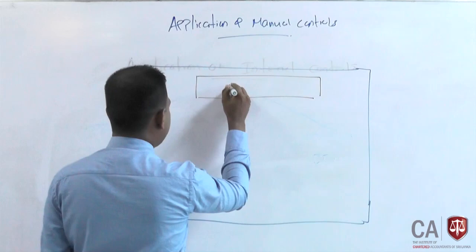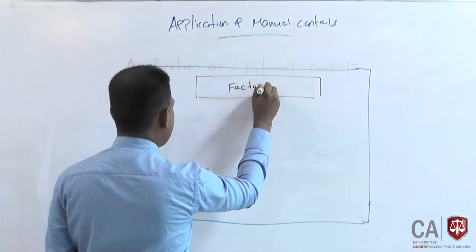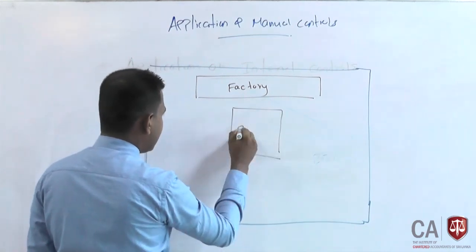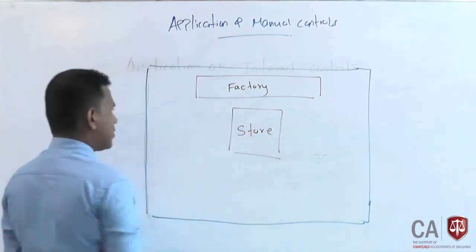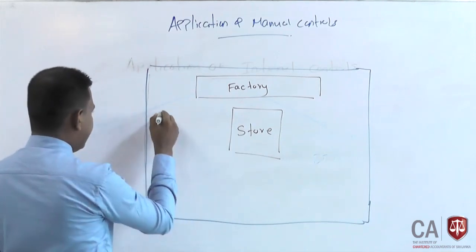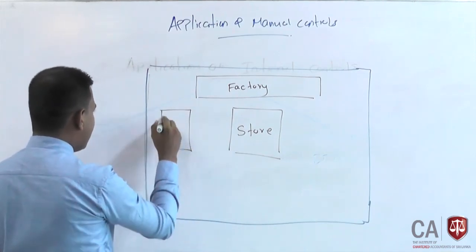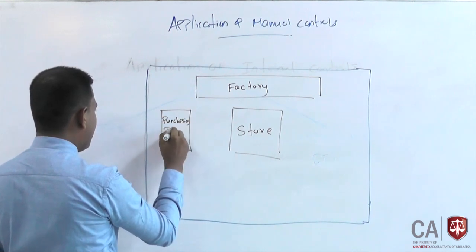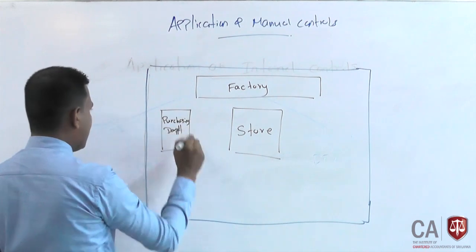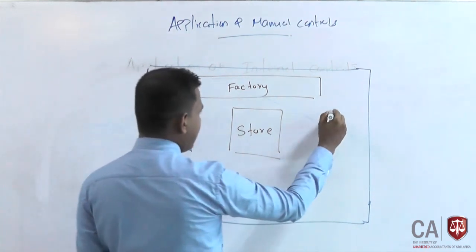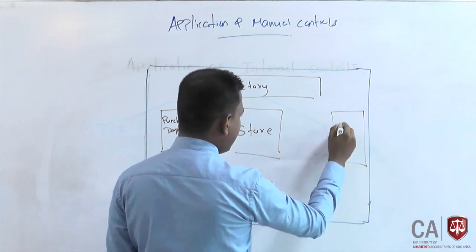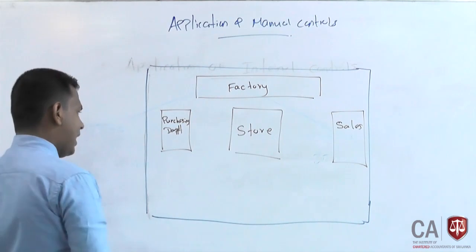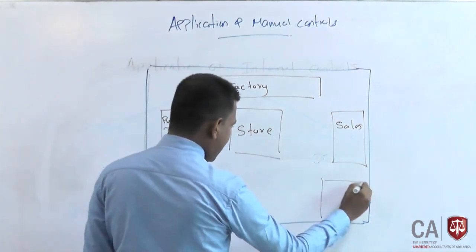The factory will be there, and the store will be there, and there will be a purchasing or procurement department, and there will be a front office, a sales department or marketing department, and a human resource management department.